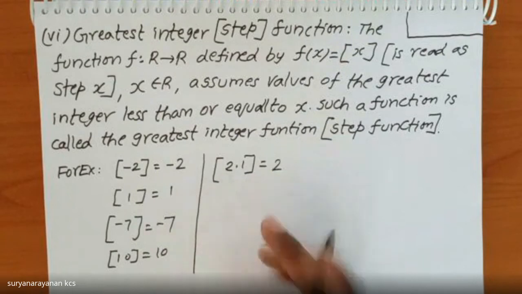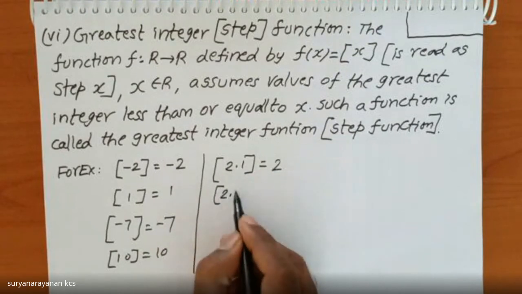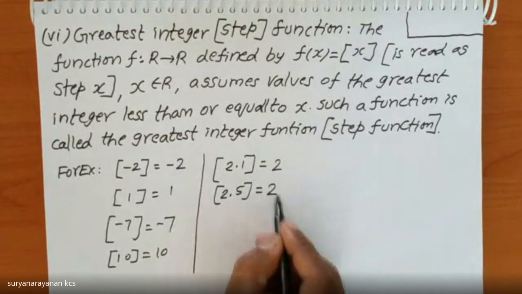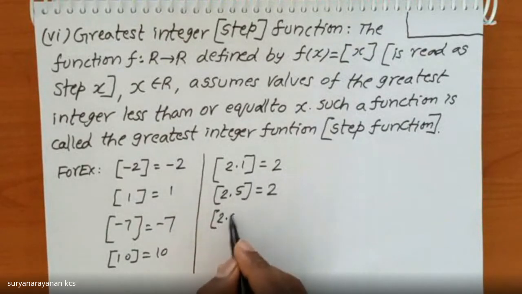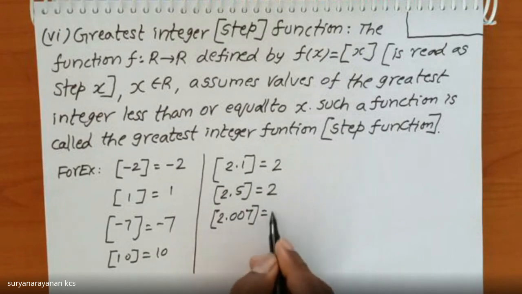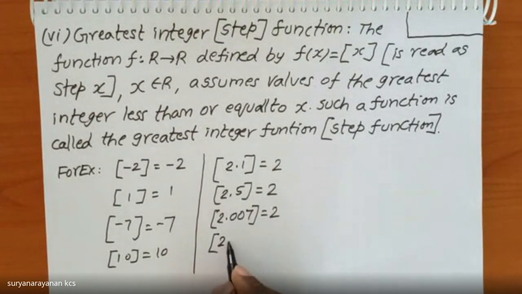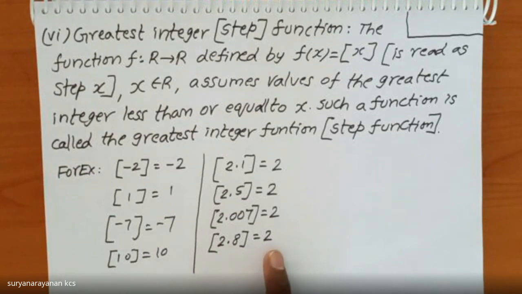So this is the function value. 2.5, 2 only. 2.001, 2 only. After marking the number, whatever the values you have chosen for x, immediately you have to observe the nearest left side integer. That number is nothing but the function value.